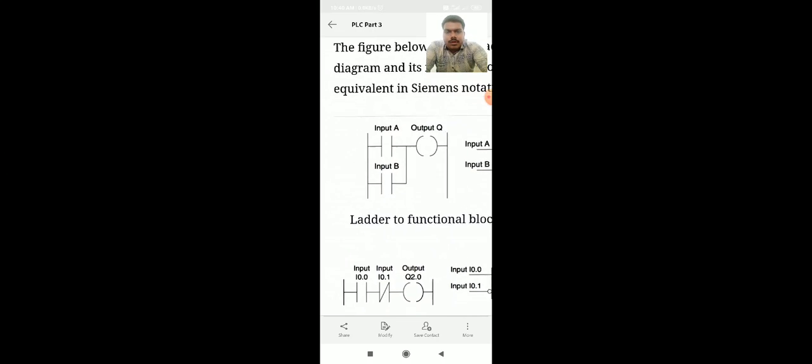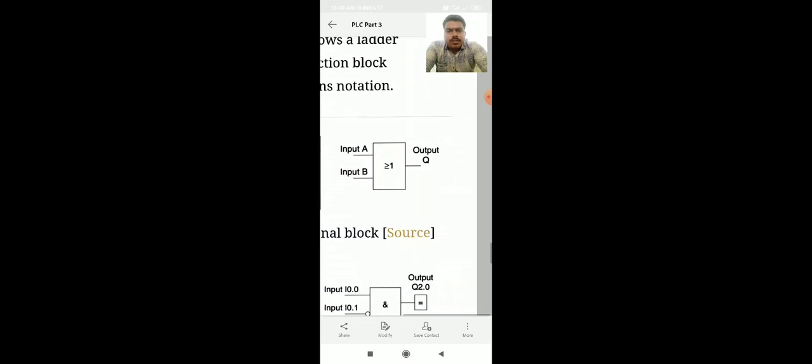Input A and B can be any push button or any kind of input. A and B are connected and the output is taken as this. So this is the ladder logic diagram, and this is the FBD diagram. Input A and B is given, the output is taken. This is the ladder to functional block diagram conversion.